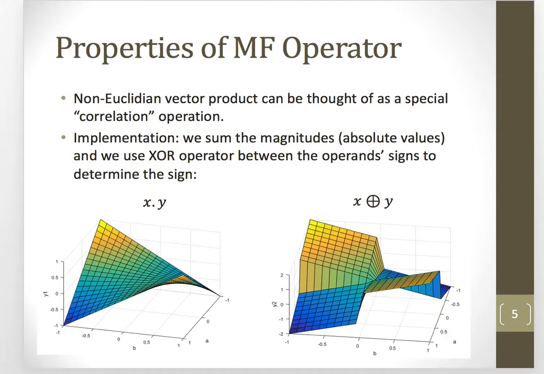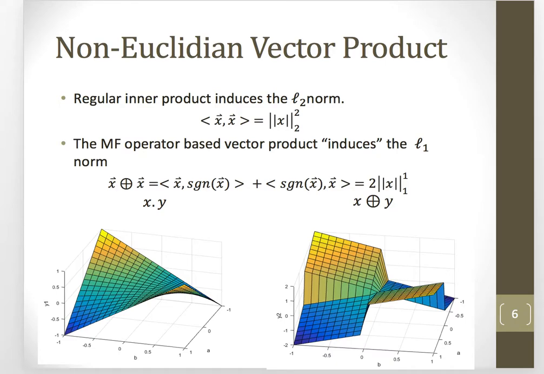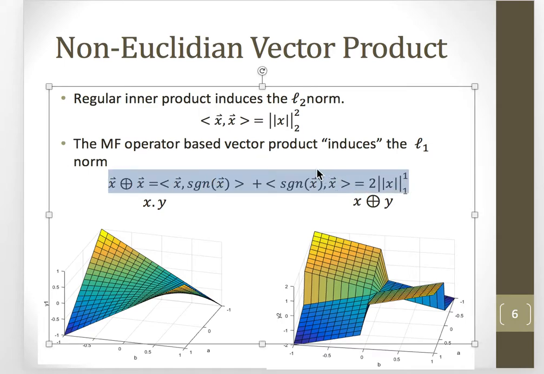So in a way, the operator induces the L1 norm. So, the inner product induces the L2 norm, and this operator, we may say that this new vector product induces the L1 norm.